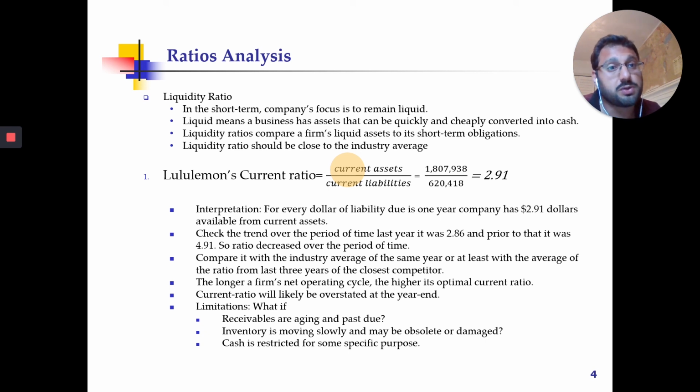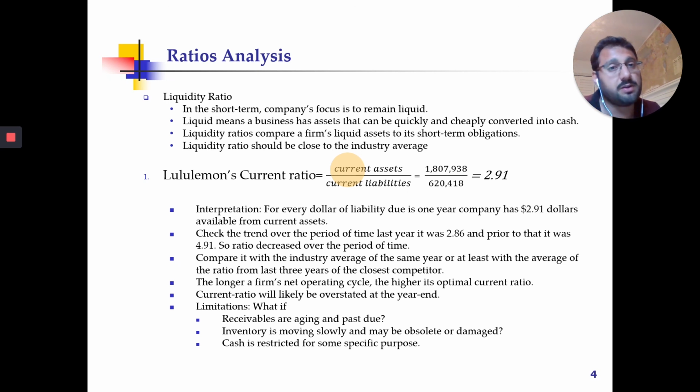If this is the situation, the quality of the receivables might not be good, and even when the quality is not good, this ratio will not tell you anything about the quality. So you still think the company has enough liquidity to meet its current obligations coming due in the next 1 year.